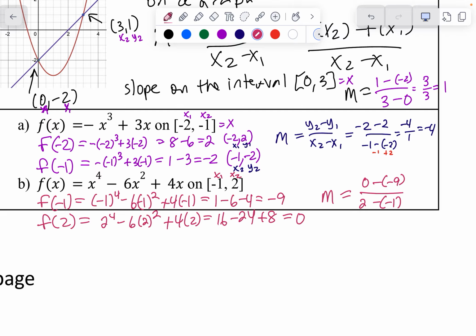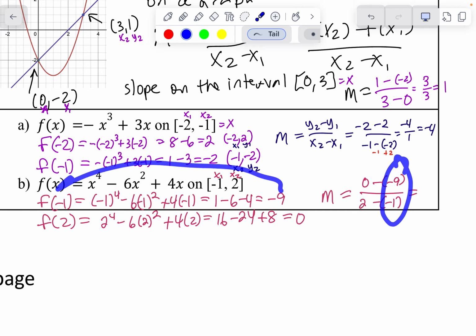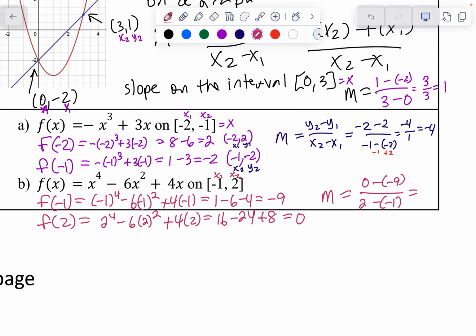Okay, so this should be a pair, 0 with 2. This should be a pair, -9 with -1. So it's good. And then that's 0 plus 9 is 9. That's 2 plus 1, or 3. Our slope is +3. So if we look to the average rate of change between those 2 points is positive, so it's going uphill in that region of the graph.